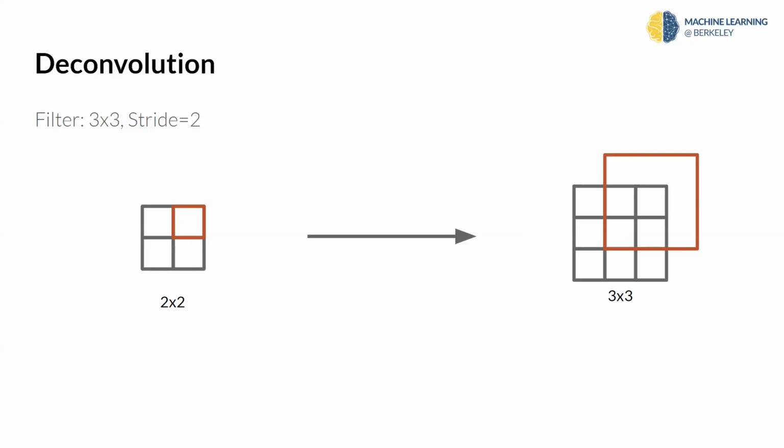Sure, yeah. So in the deconvolution case, the issue is less pronounced, because if you think about it, each pixel in the input is perhaps contributing to fewer pixels in the output, but each pixel in the output still has the same number of inputs that contribute to it.